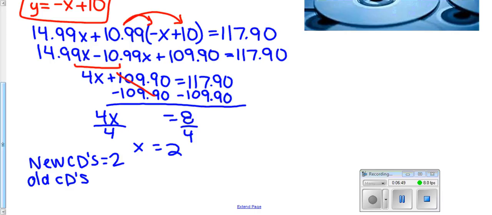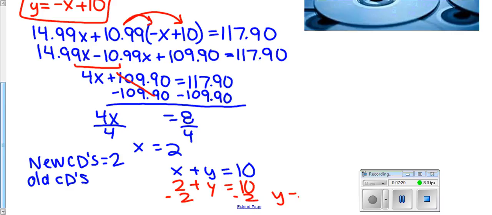In order to solve that, we're going to go back to our second equation, x plus y equals, sorry, we're actually setting it equal to 10 because that was the original equation, and we're going to substitute a 2 in place of the x. When we do that, we get that y equals 8. So that tells us that we can buy 8 used CDs.